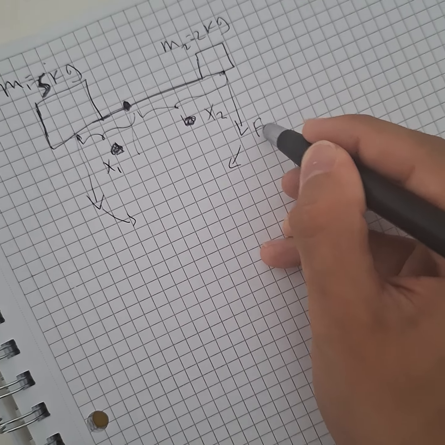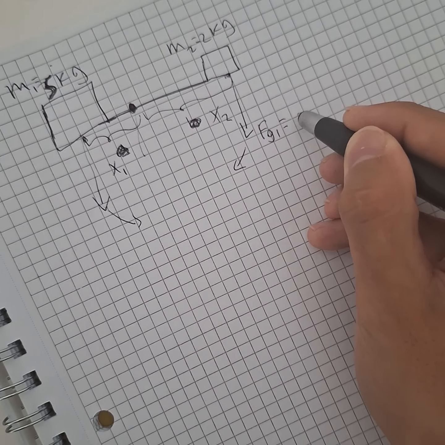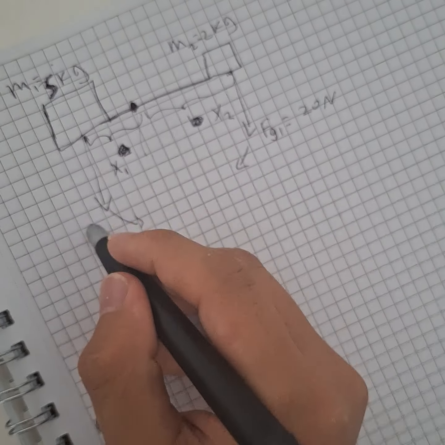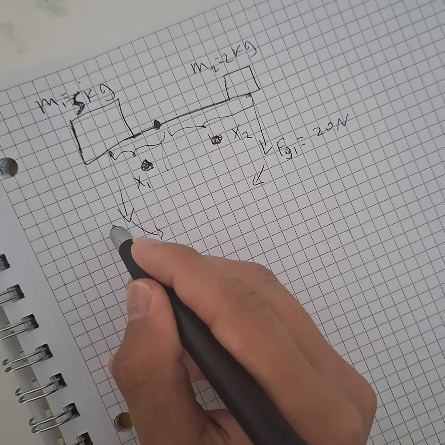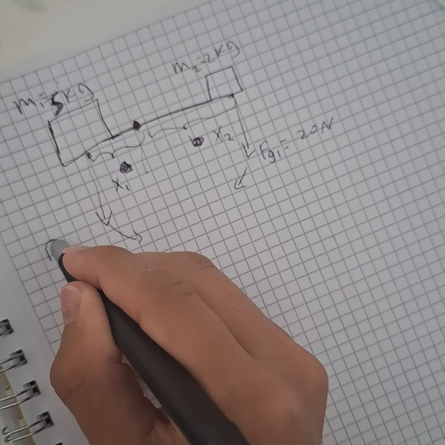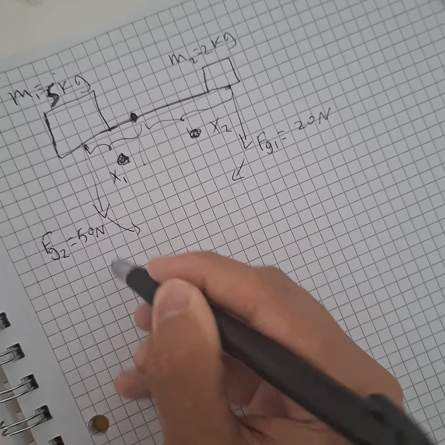This force of gravity on the first object is equal to 20 Newton. The force of gravity on this object is equal to 15 Newton.